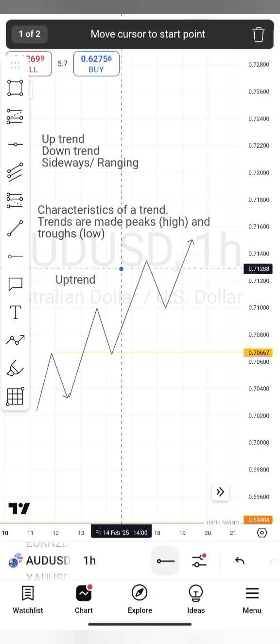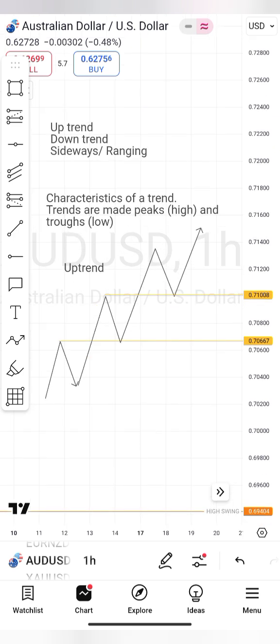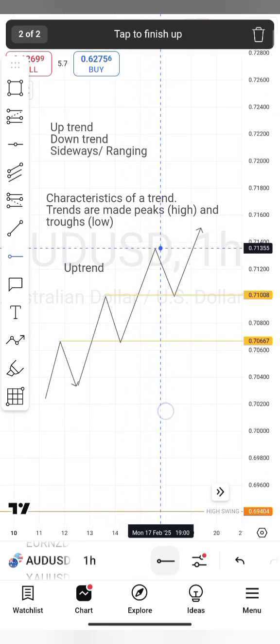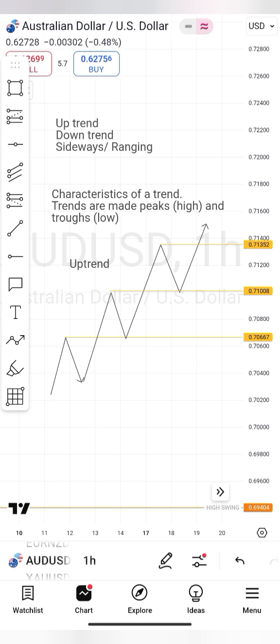Let me mark out all the peaks so that you can see them, just like mountain peaks. These are the highs created during this uptrend. You notice that the new high is higher than the old high. So those are the highs of an uptrend.